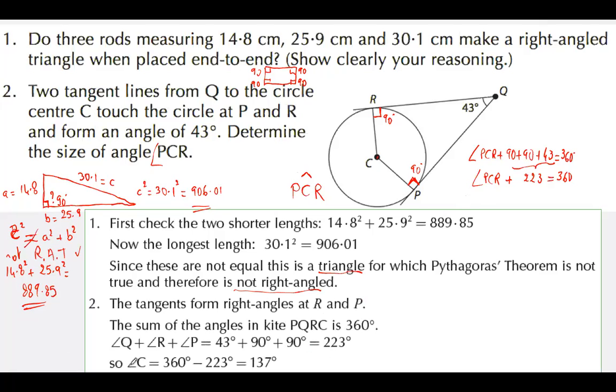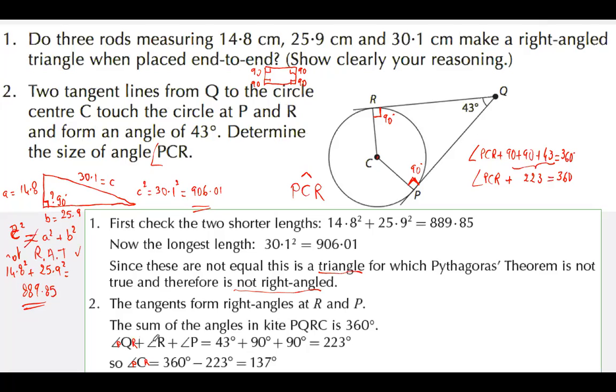Yep, that's right. So you see, I wouldn't write it like that. I would put here PCR, to be honest. It's just some books. Maybe I'm a bit OCD, but just to get it right, we use 3 letters to identify an angle.